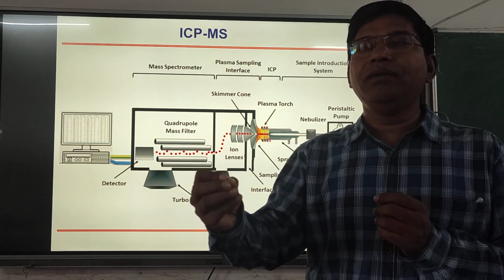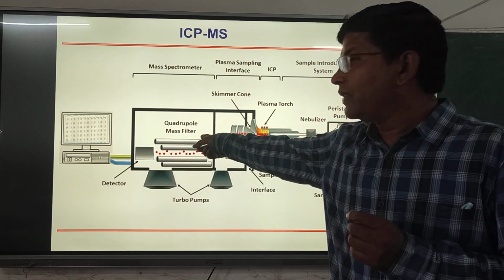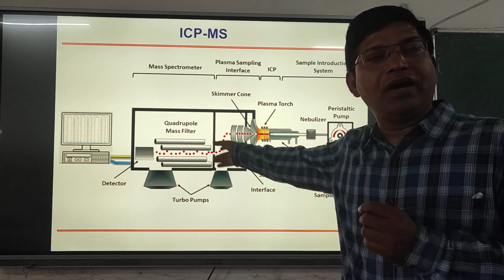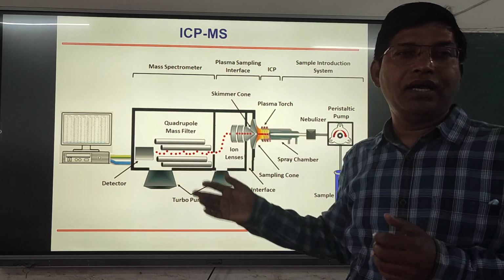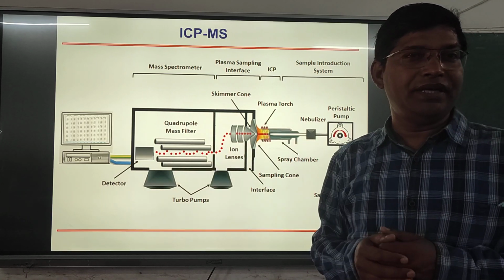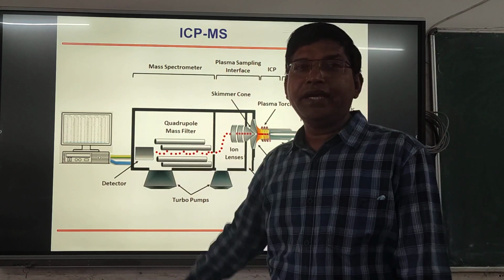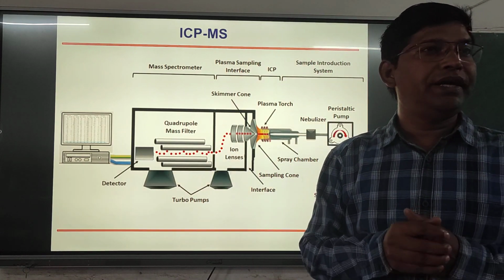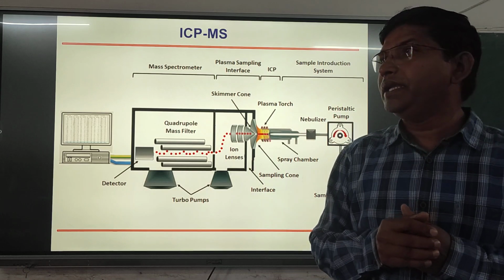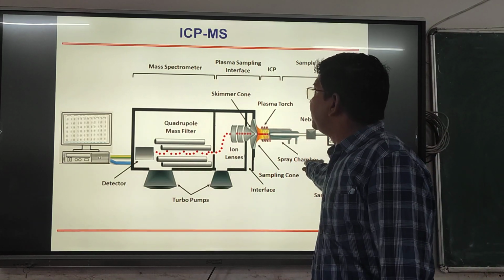Maybe the lighter elements will go first to the detector, followed by the heavier elements. In this way we can detect the several elements that are present in an unknown sample.